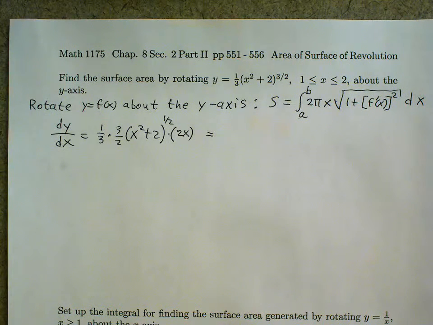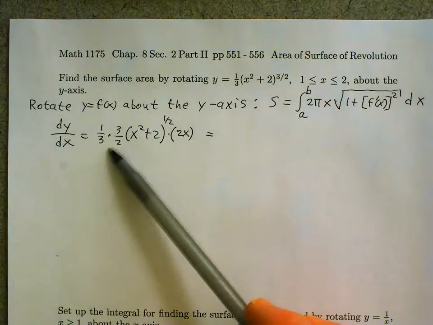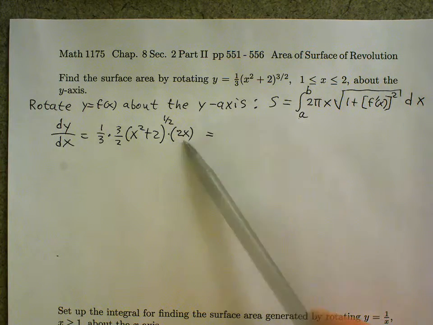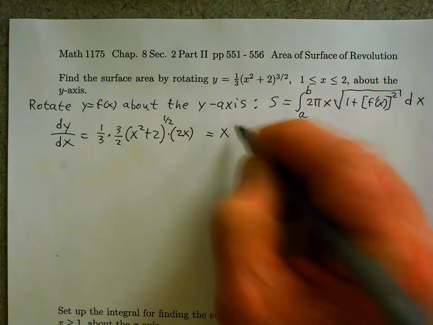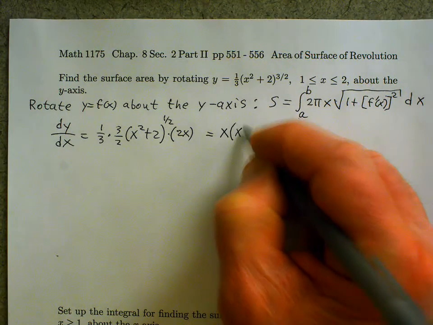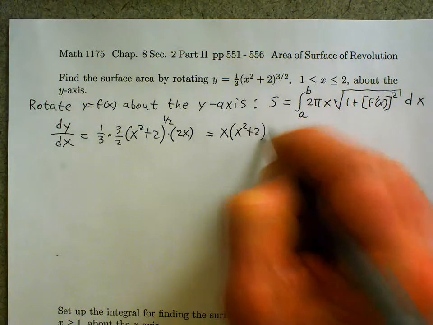And we might as well simplify this a little bit more. 1/3 times 3/2 is 1/2, and 1/2 times 2x is x. So I'm going to write this as x times the quantity x squared plus 2 to the 1/2.